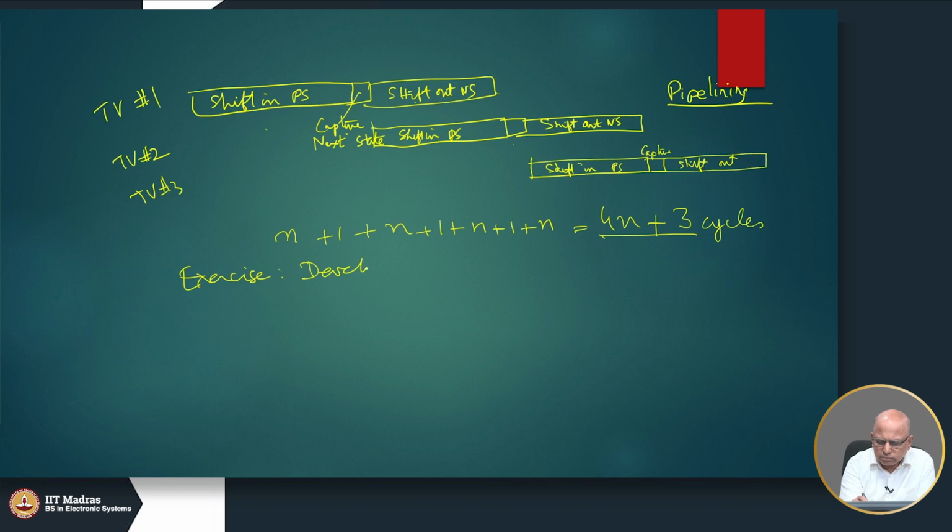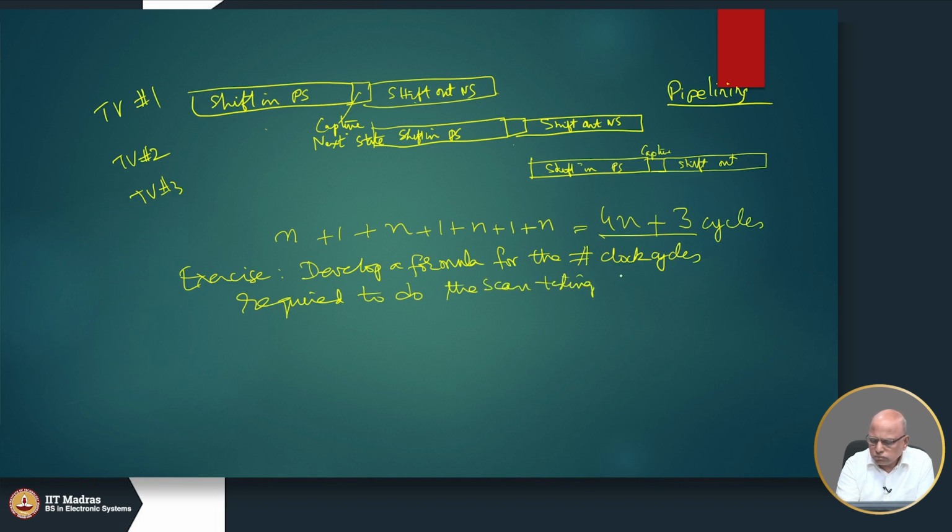Develop a formula for the number of clock cycles to do the scan testing of a sequential circuit with n flops and using T tests.